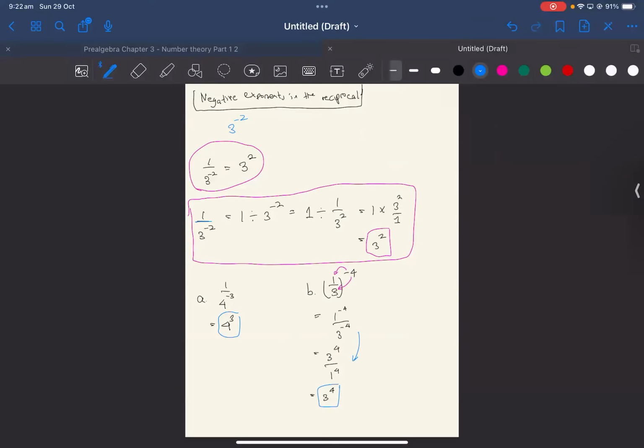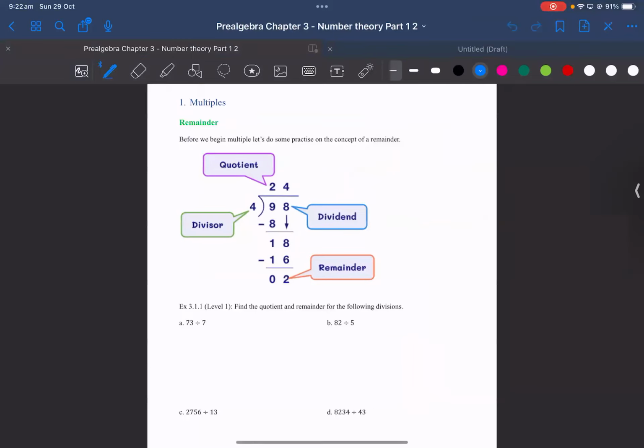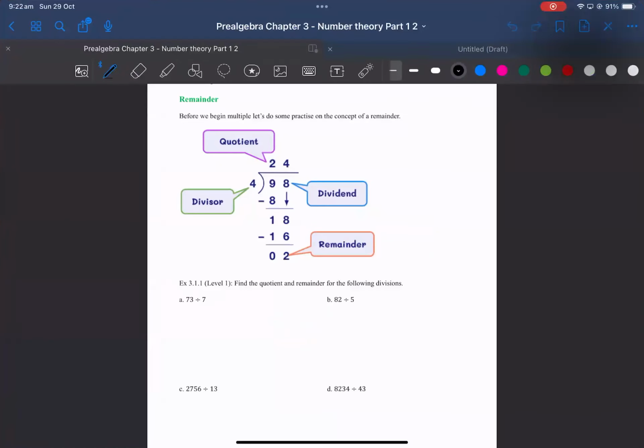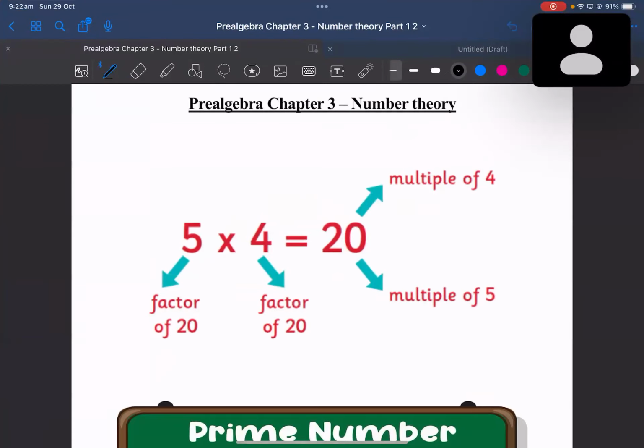Let's go to today's content now. All right, the topic we're doing today is number theory. What's that? Number theory is the study of whole numbers or integers.